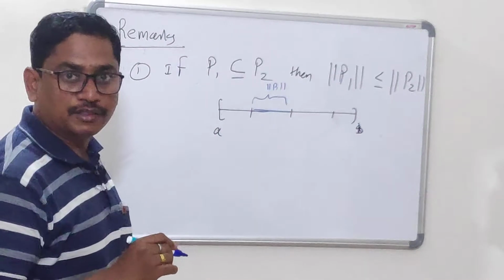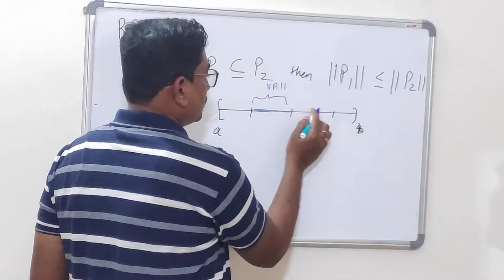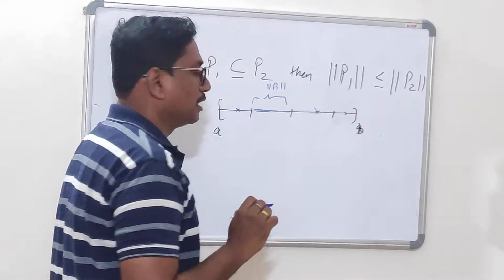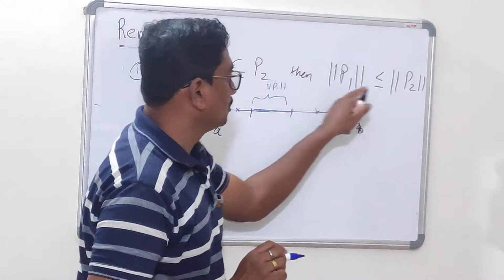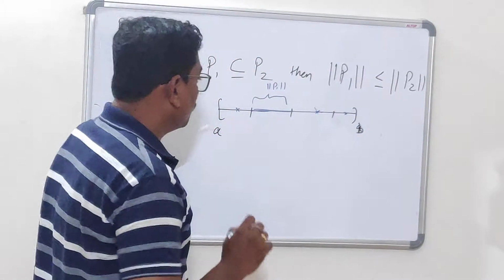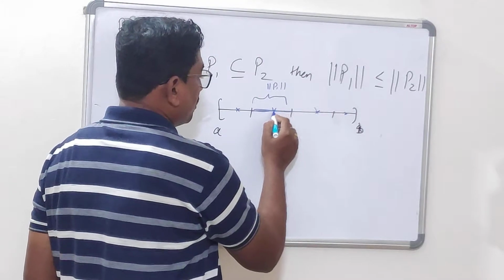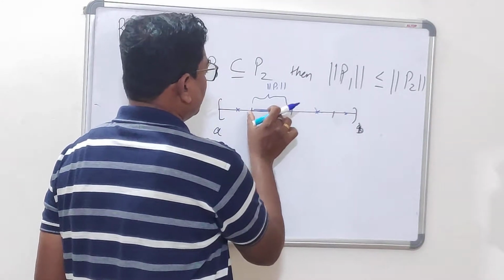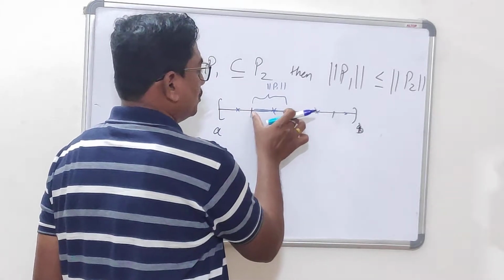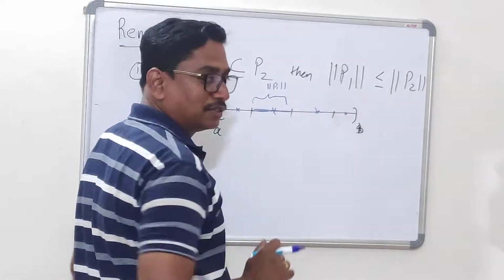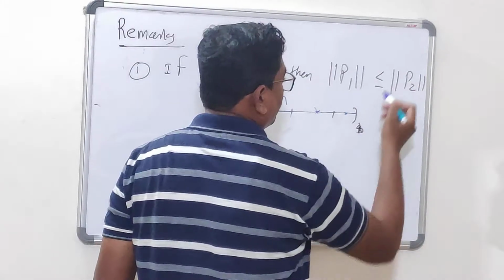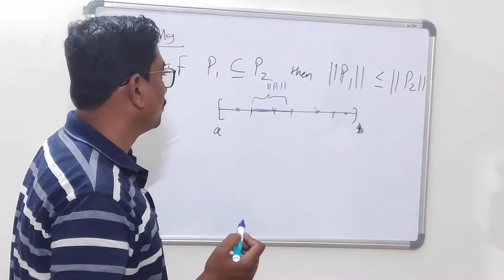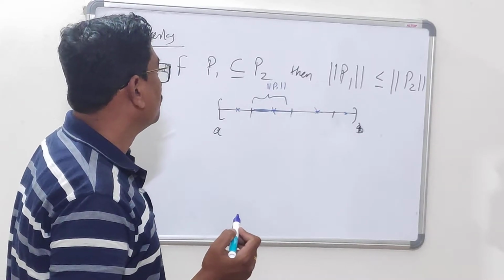If in the refinement the point is added somewhere else, it will still be the highest value, so in that case the norm will be equal. But if your refinement point falls here, then the length here and the other lengths are all lesser as compared to this length.